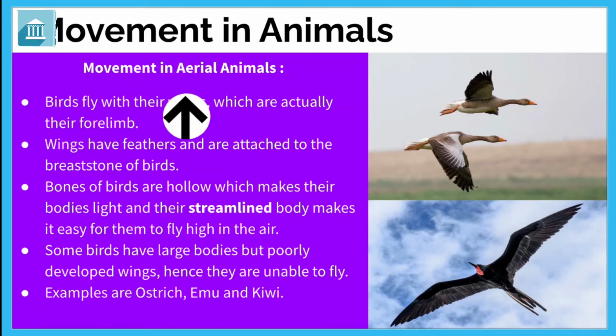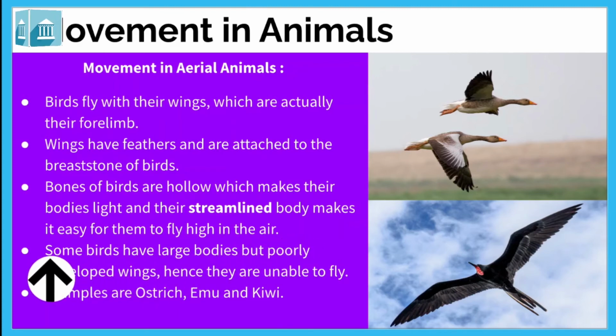Movement in aerial animals. Birds fly with their wings, which are actually their forelimbs. Wings have feathers and are attached to the breastbone of birds. Bones of birds are hollow, which make their bodies light, and their streamlined body makes it easy for them to fly high in the sky.